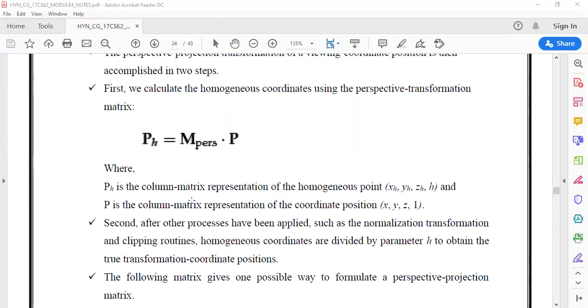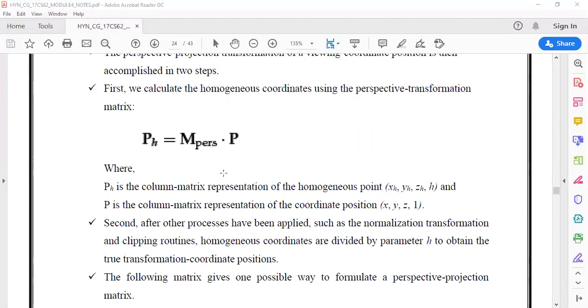Ph will be the column matrix xh, yh, zh, comma h, because this is the perspective homogeneous coordinate matrix. And P is our regular column matrix, which we use for normal points as x, y, z, 1. So the first step is to calculate the homogeneous coordinates using the perspective transformation matrix.